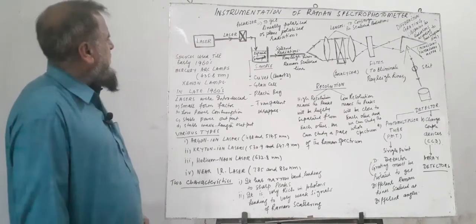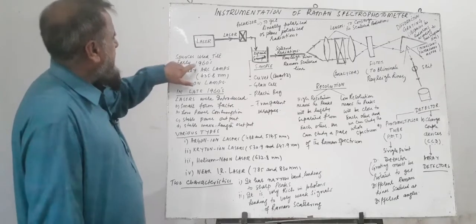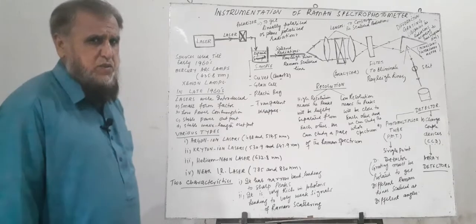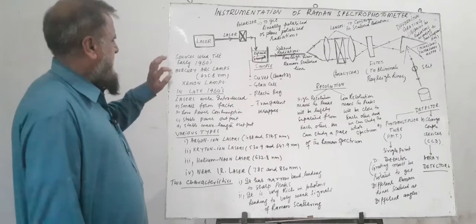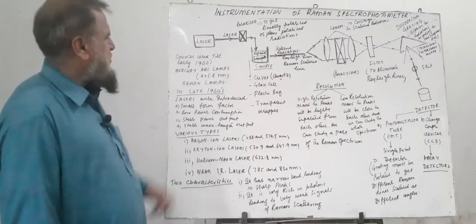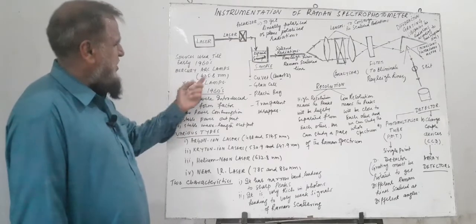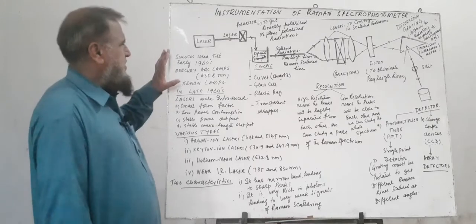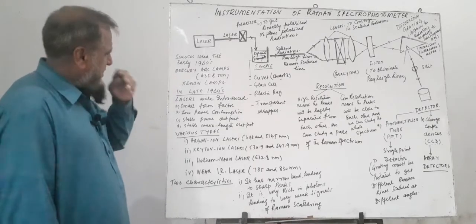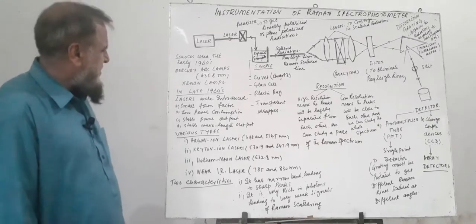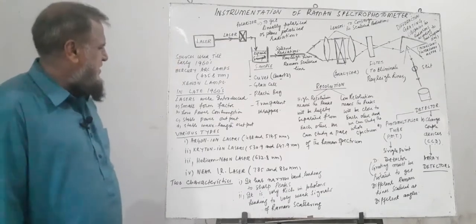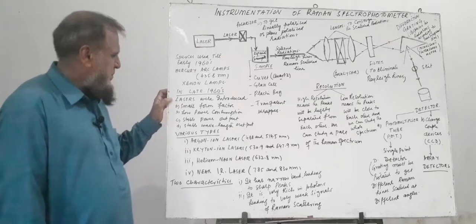Initially, till the early 1960s, classical radiation sources were used. For example, mercury arc lamps were used, which provided radiation of 435.8 nanometer wavelength, and xenon lamps were used. But later on, in the late 1960s, these radiation sources were replaced by lasers.